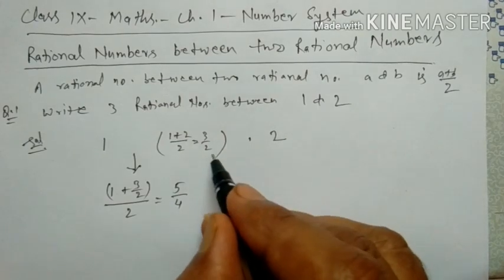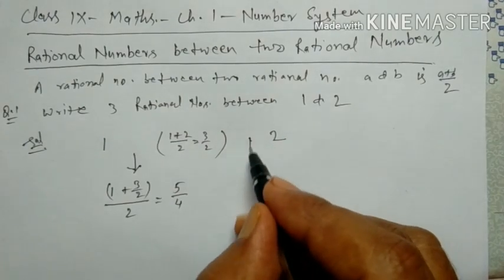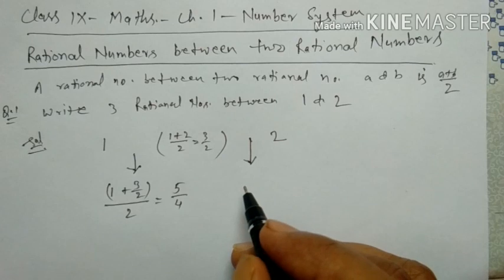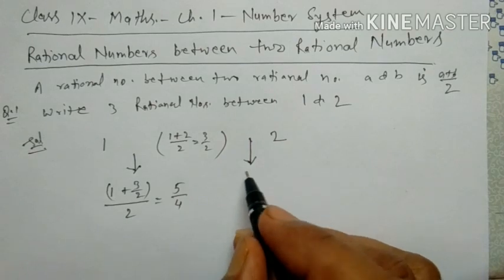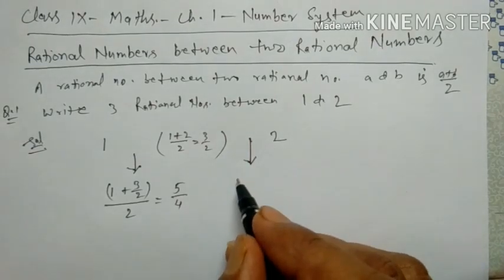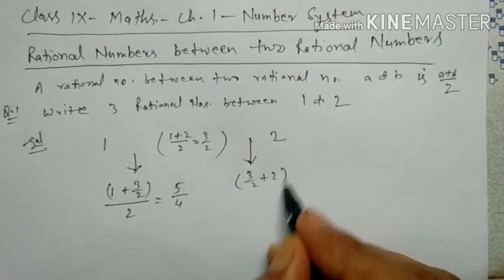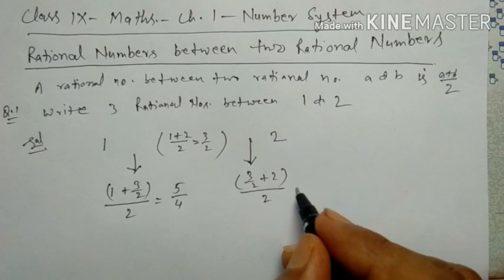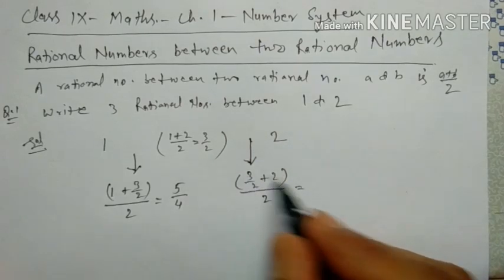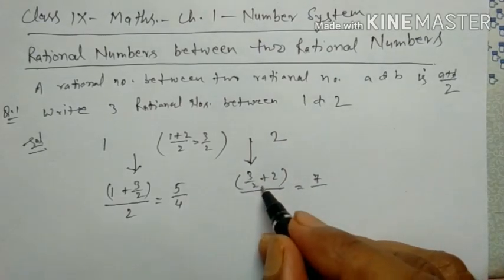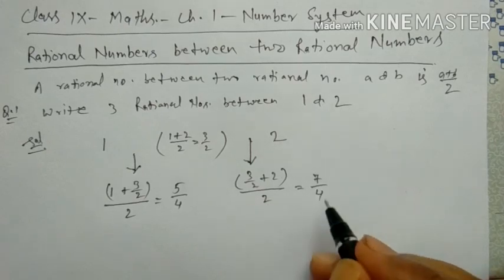Similarly, between these two numbers we write another number. So this number becomes (a plus b) by 2. It means (3 by 2 plus 2) whole upon 2. This becomes 2 twos are 4, 3, 7, so 7 by 2 and 2 also, 7 by 4.